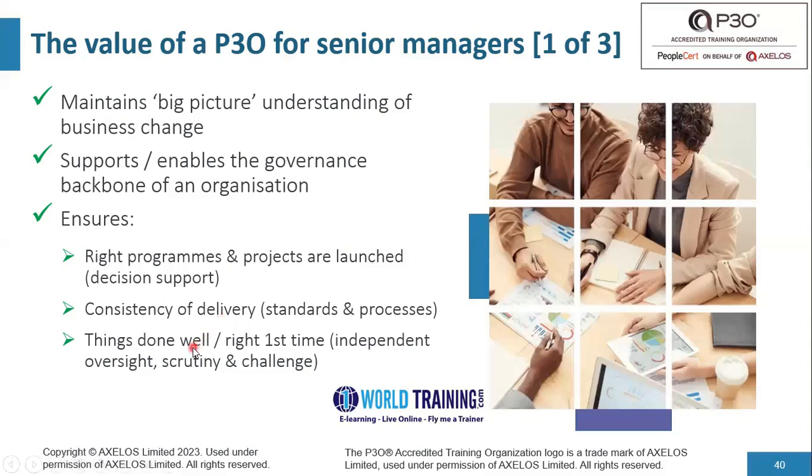And it also ensures that things are done right the first time, and P3Os can provide independent oversight, independent assurance, scrutiny, and challenge. And these are the value adds that a P3O would provide for the senior managers.